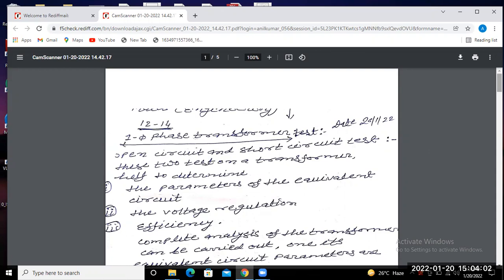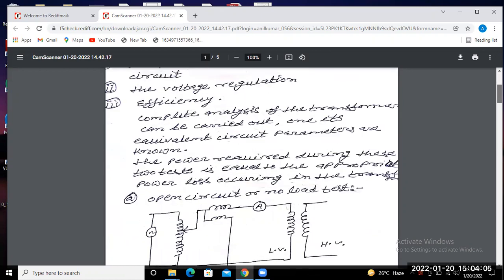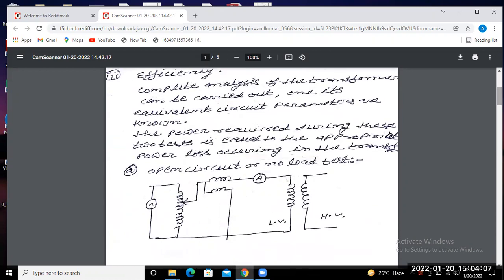For the no load test, just observe the circuit diagram when you perform the test. We already mentioned that the transformer consists of two windings. One is the LV winding and the other is the HV winding, depending on the number of turns. So when we perform the open circuit or no load test of the transformer, the instruments are connected across the LV winding and the HV winding is kept open.